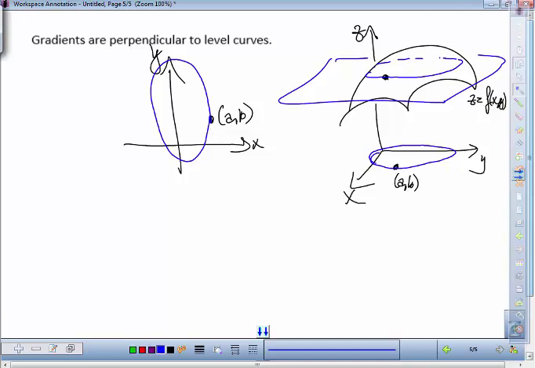So what we're going to do is we're going to take this level curve where we cut it with some z is equal to something plane. Z is equal to, let's call it C.